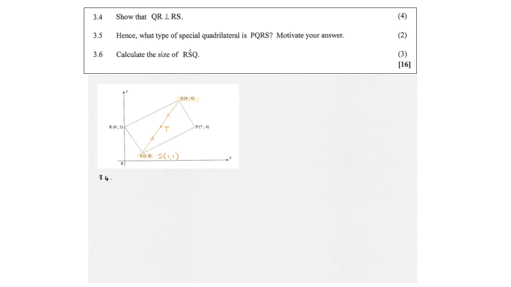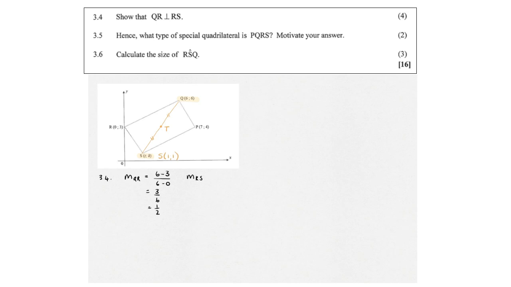So what we do is we first determine the gradient of QR, and that is equal to the difference in the y-coordinates of Q and R divided by the difference in the x-coordinates of Q and R. And that is equal to (6 minus 3) over (6 minus 0). And please note, if you started with the y-coordinate of Q in the numerator, you have to start with the x-coordinate of Q in the denominator. And that simplifies to 3 over 6, and that equals a half.